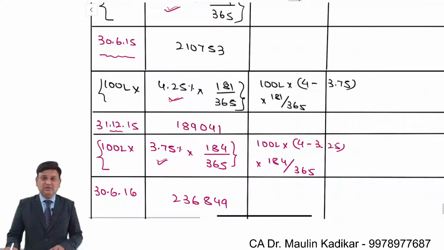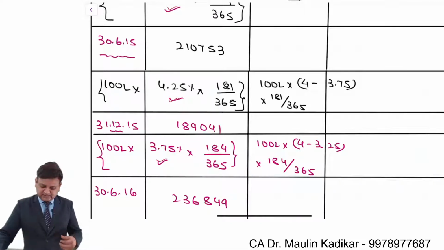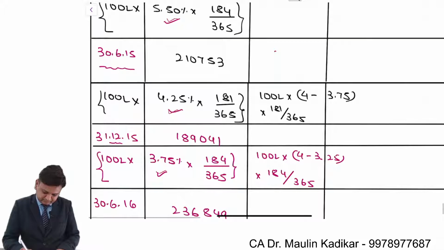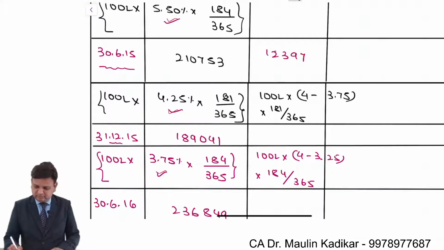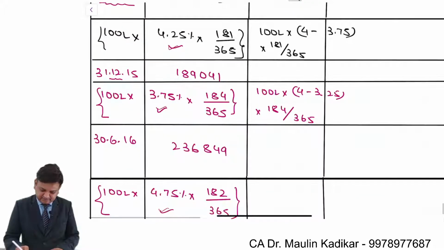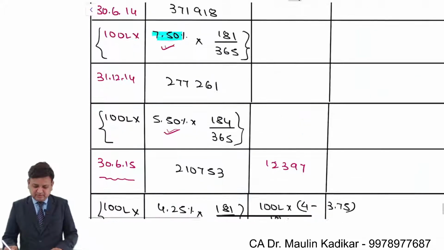So these are the two dates on which you have to pay. 100 lakhs into 0.25 percentage into 181 divided by 365. So we have to pay 12,397. Then again 100 lakhs into 0.75 percentage into 184 divided by 365. So 37,808. That we have to pay.